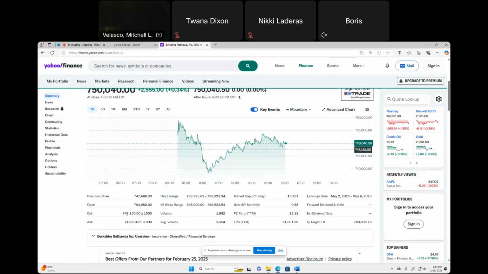For example, the bid price was 747,150 for the buyers, and the sellers were selling at 749,604. So that's about a $1,500 or $2,500 difference between the buyers and the sellers. It's such a wide gap.